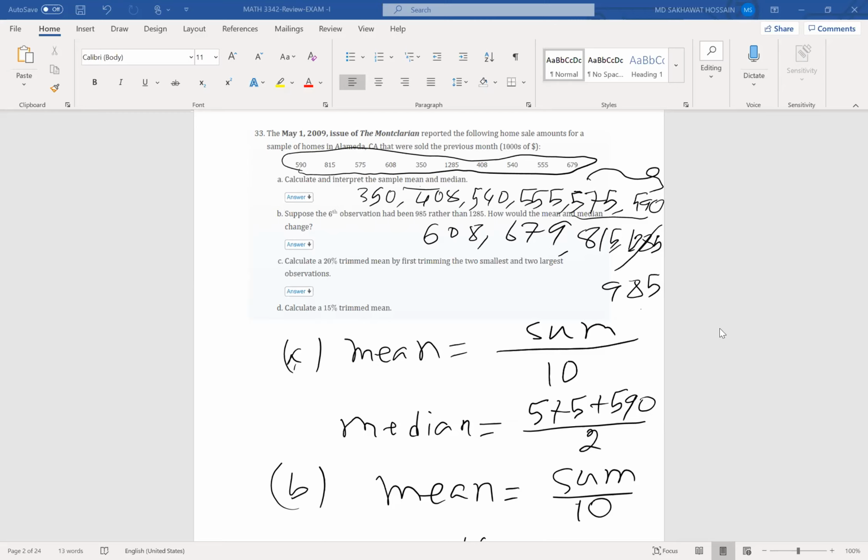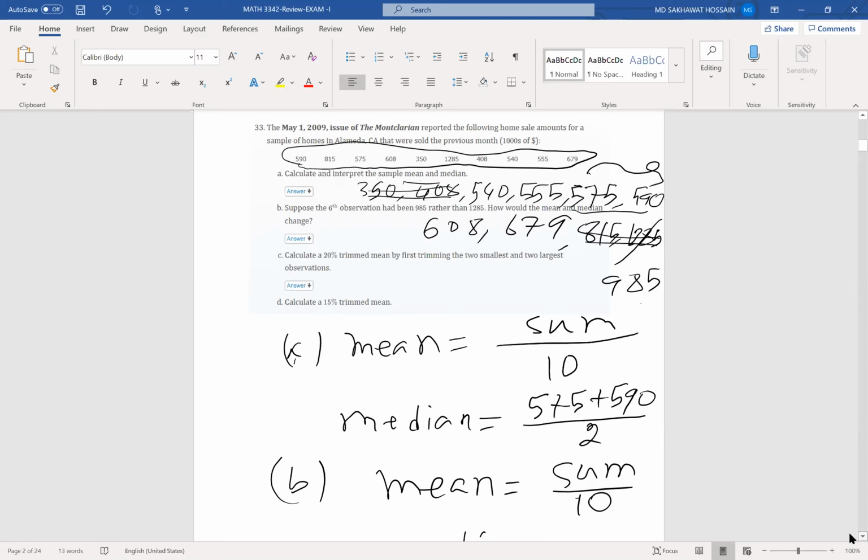That means we have to remove two numbers from the left and two numbers from the right. Then you take the sum of the rest of the numbers and find the mean.